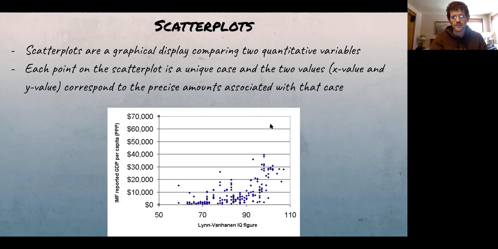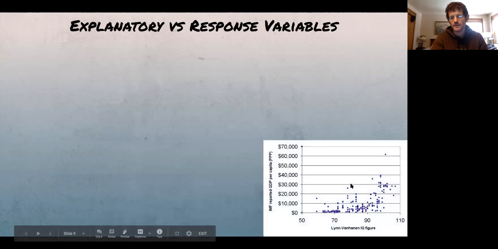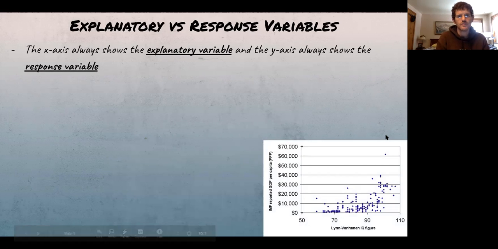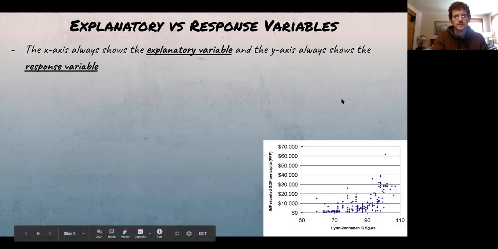And those are both related to the same country in this case. So we're going to be looking at this data set a few times during the course of today, but we'll be seeing some other scatter plots. So the x-axis shows what's called the explanatory variable, and the y-axis always shows the response variable.